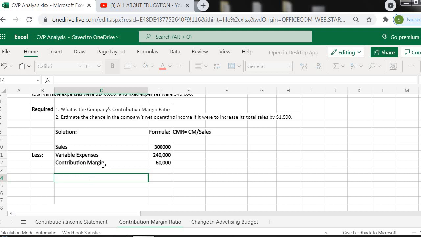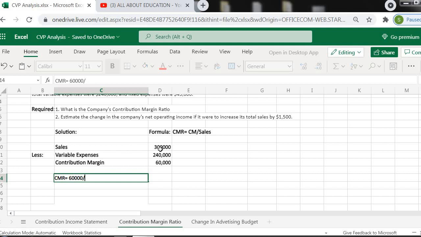To calculate contribution margin ratio, we will apply this formula. Contribution margin ratio is equal to contribution margin 60,000, right? It will be divided by total sales.